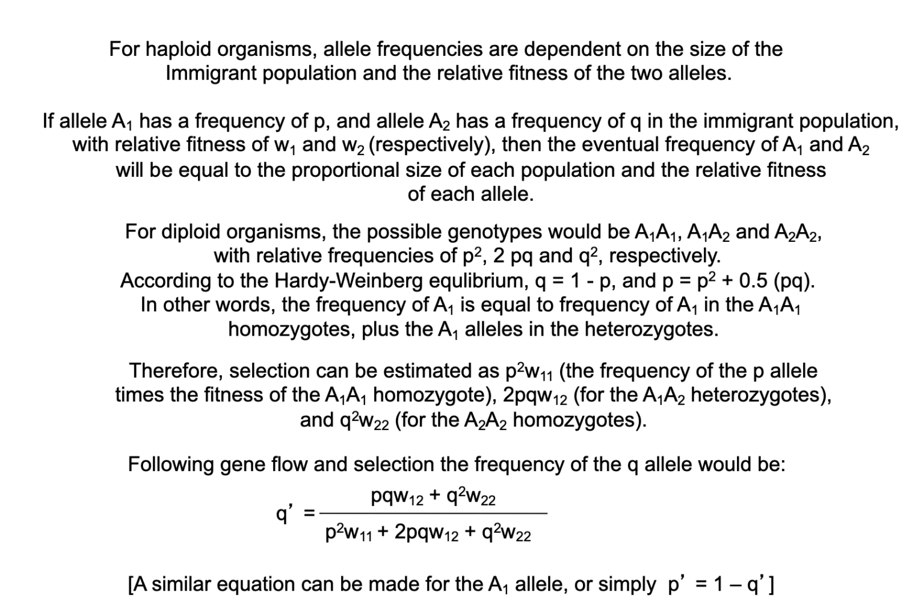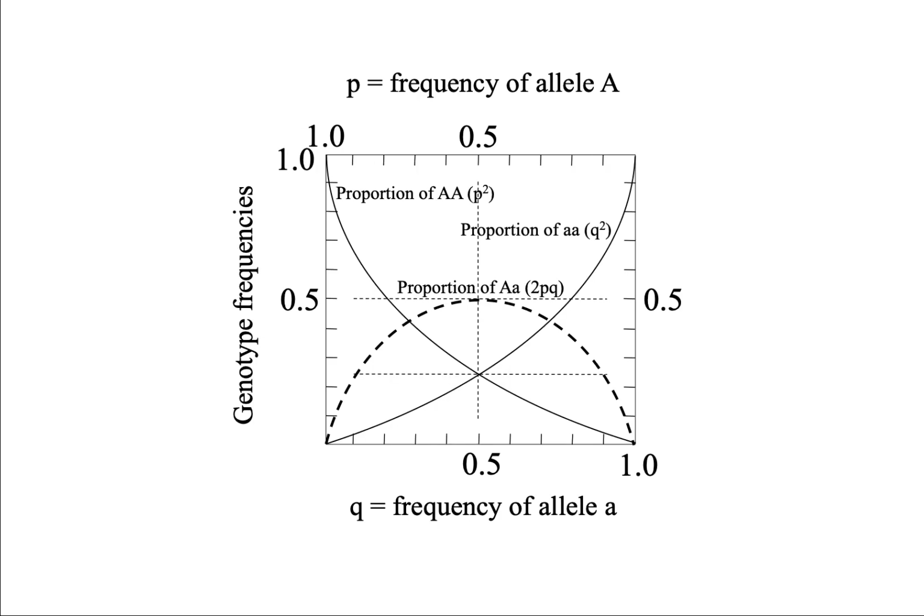This is a graphical representation of the same thing, so you can look at the genotype frequencies there. If you have the homozygous dominant allele, which has a proportion of P squared, you can see it goes from 0 to 1, and the same for the homozygous recessive allele, or Q squared. And then in the middle is the proportion of the heterozygote, which is 2PQ for the frequency.